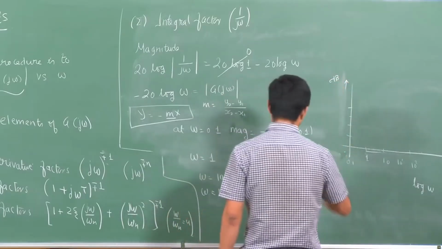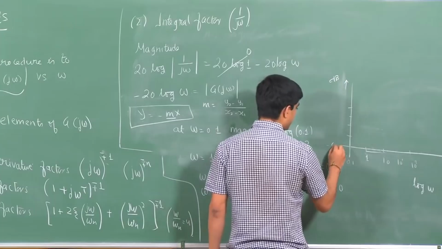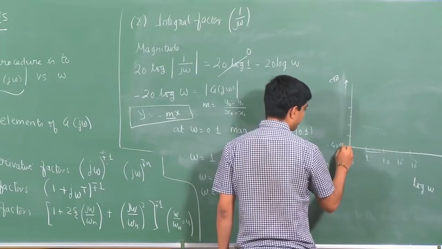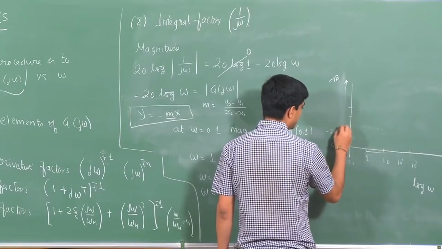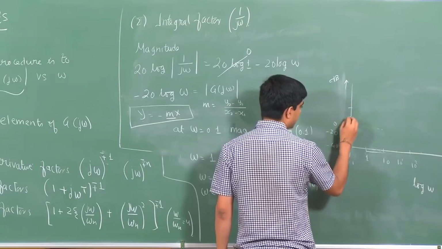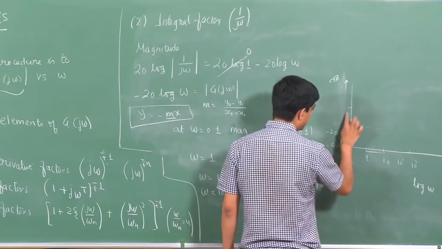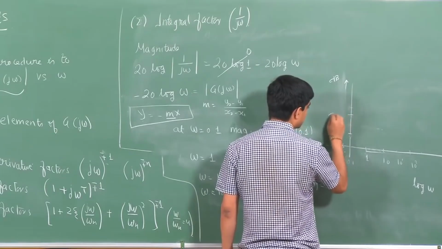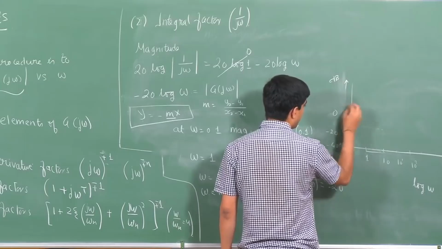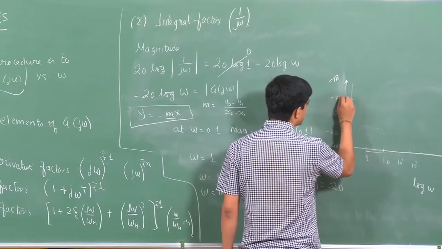So, let us try to plot this. Say this is my minus 40 decibel, this is minus 20, 0, and this is plus 20.